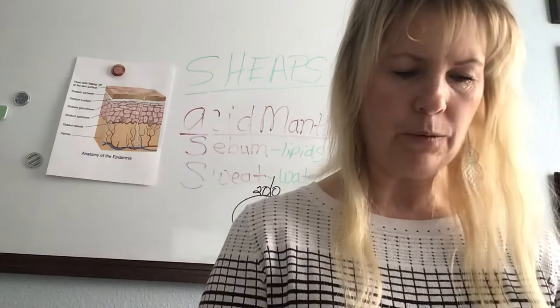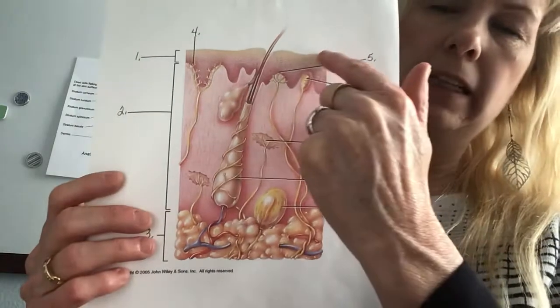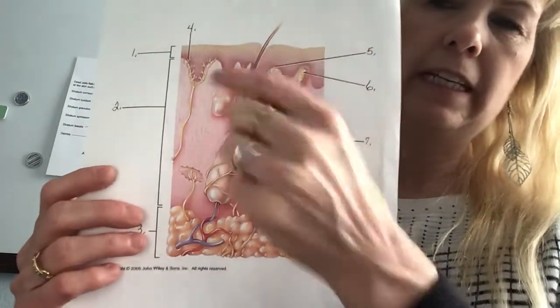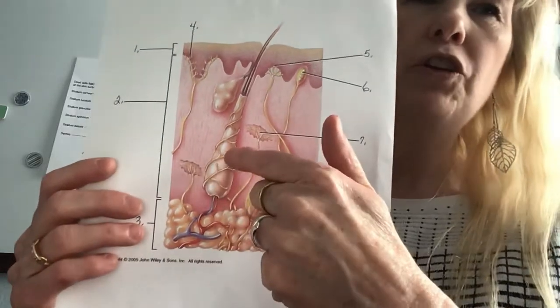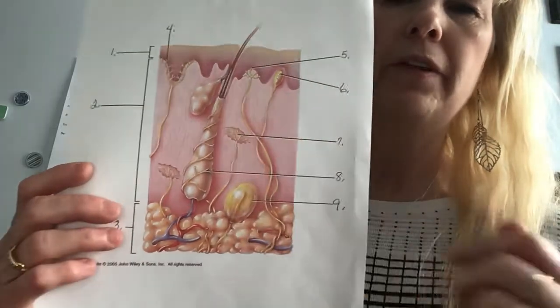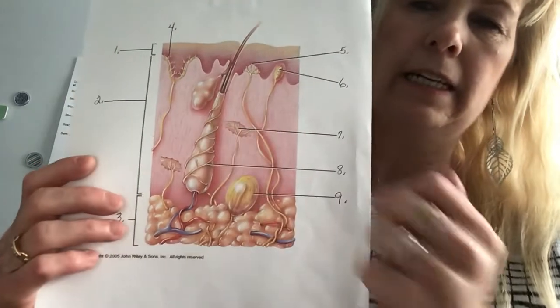This one shows you the hair follicle receptor. So when a little gnat lands on your skin and is moving the hairs as he crawls through there, you feel that through the hair follicle receptor. So it senses touch.